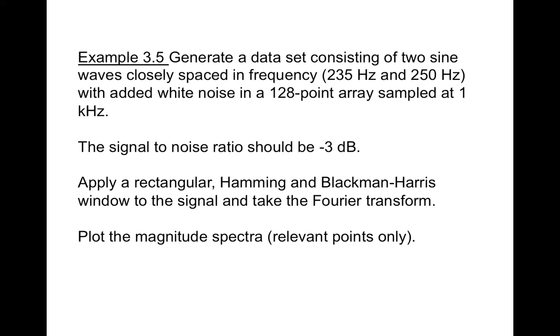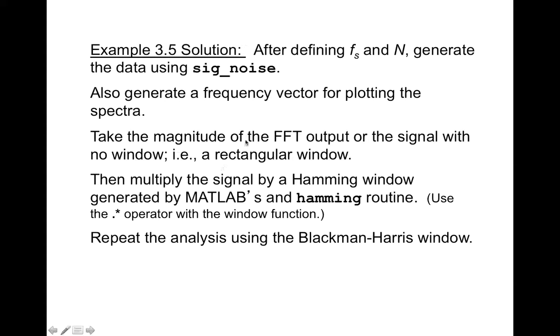And then we want to compare a rectangular, a Hamming, and a Blackman-Harris window. We apply these windows to the signal, take the Fourier transform, and then plot the magnitude spectra. So we want to get an indication of how these windows are affecting our spectrum. I'm going to let you read through these on your own, but basically the goal will be that we will define a sampling rate and a signal length.